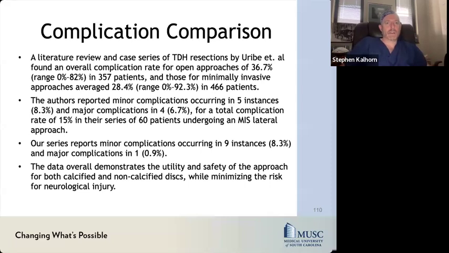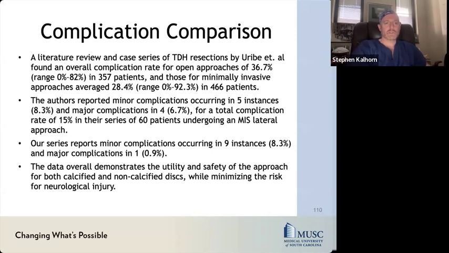And then they had a minor complication in 5 instances, which is 8%, and major complications in 4, which is 6.7%. And so it's a 15% total complication rate for a MIS lateral type of approach. And so our series is like that, or maybe a little bit less. We had 8.3% minor complications and a major complication in 1 with the epidural hematoma.